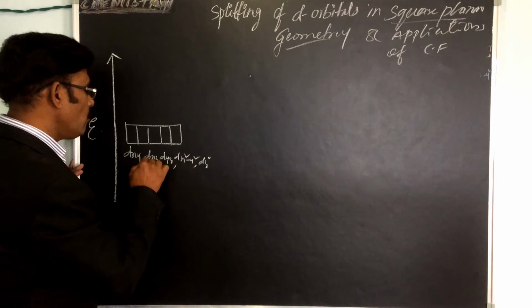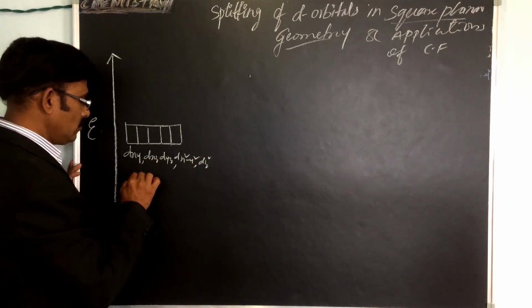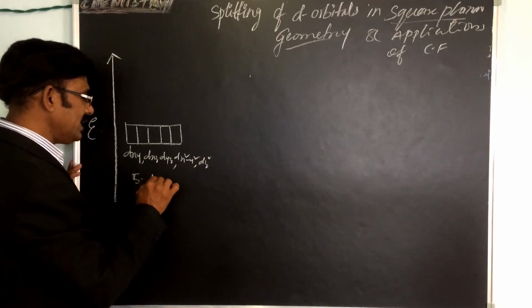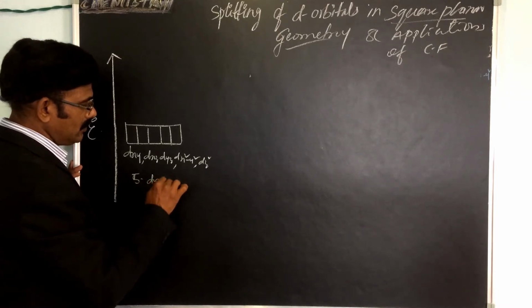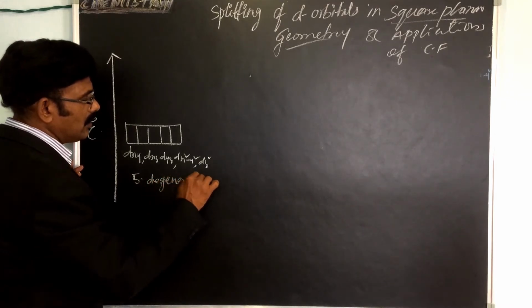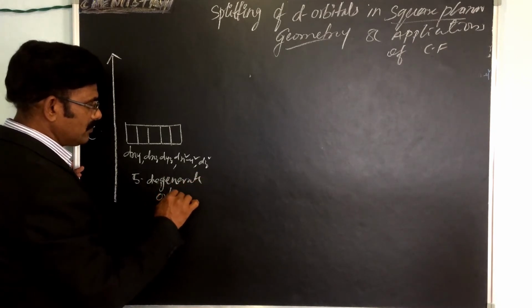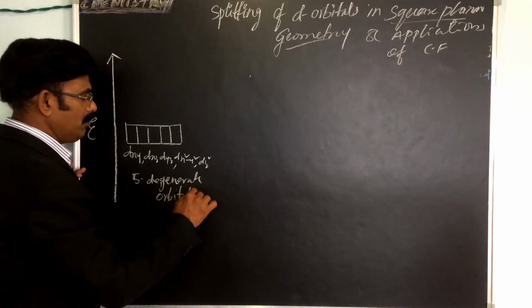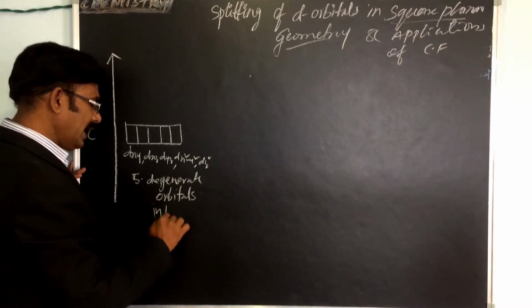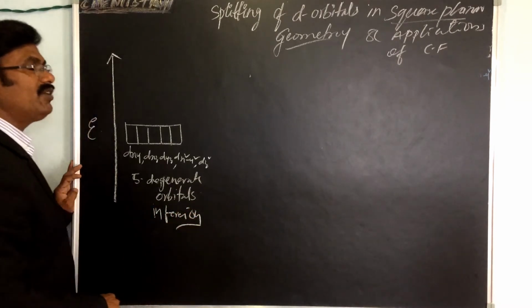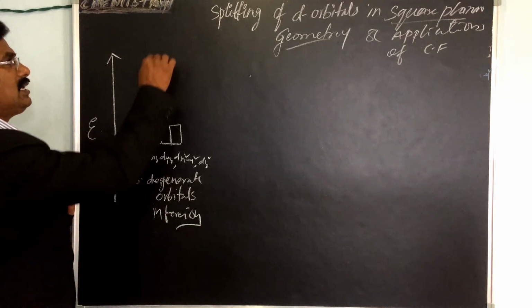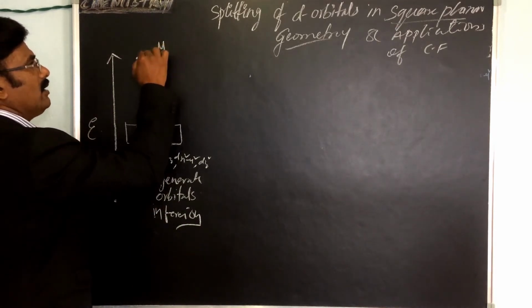So these are the five degenerate orbitals in the free metal ion, the central metal ion.